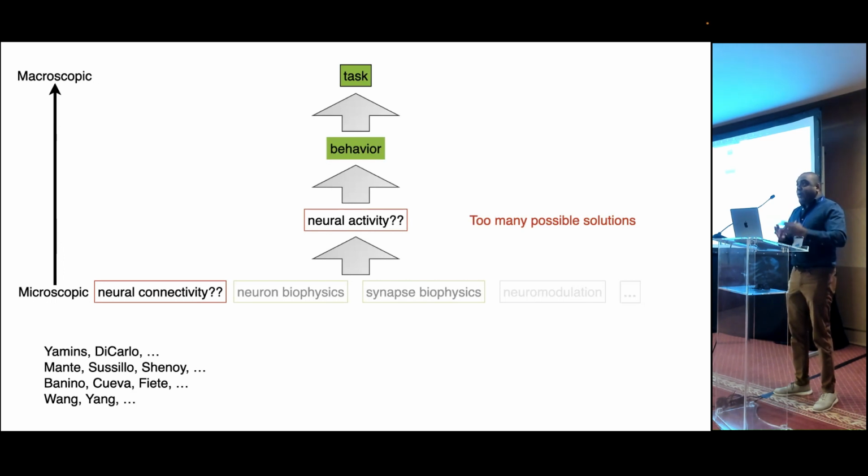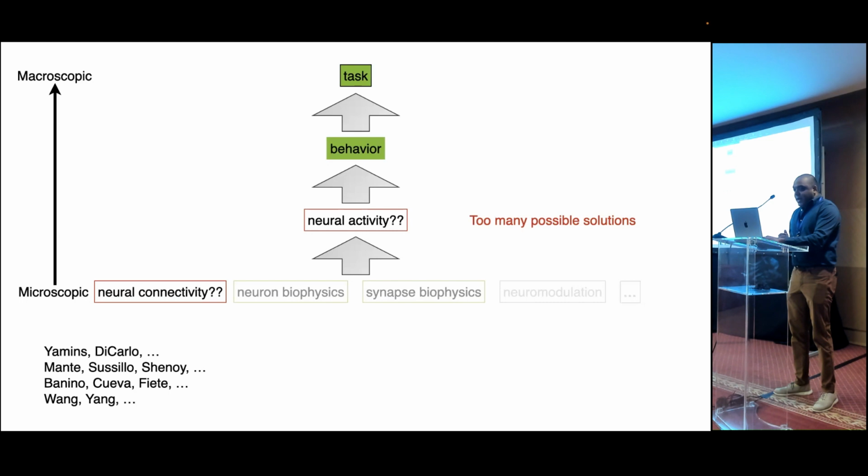And so we know this in artificial neural networks where you could train a transformer or a convolutional neural network or an RNN to solve similar problems in computer vision. And these are very dramatically different architectures that use completely different computational mechanisms and yet can solve similar tasks. So this is a valuable way of generating hypotheses, but still quite under constraint.